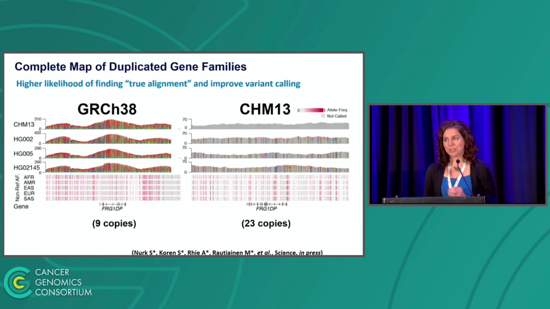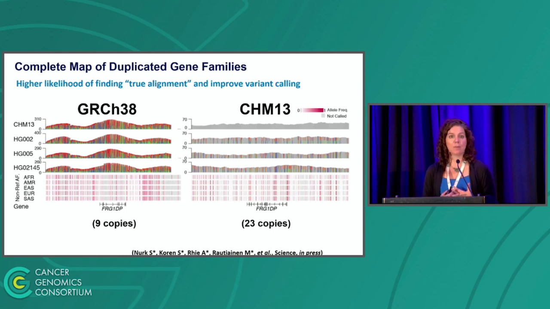Another problem that I'm sure you're all understanding is that we have genes that are in HG38, and they might be, in this example that I'm giving you, in 9 copies. However, in CHM13, when we look at this same gene family, we're finding a lot more copies of this particular gene. And so if you're now taking your short read data and mapping it, those reads are going to find their best location in the genome, and it may not be the true location.